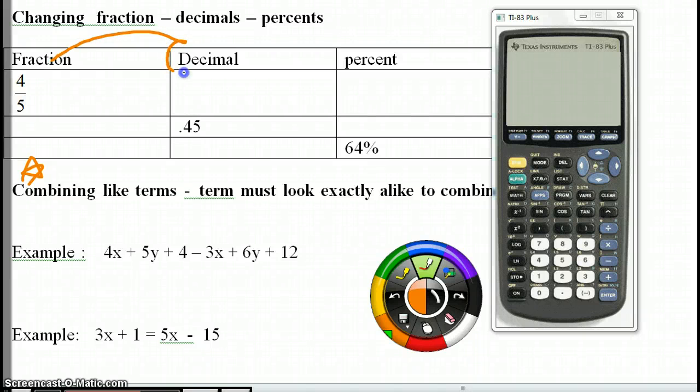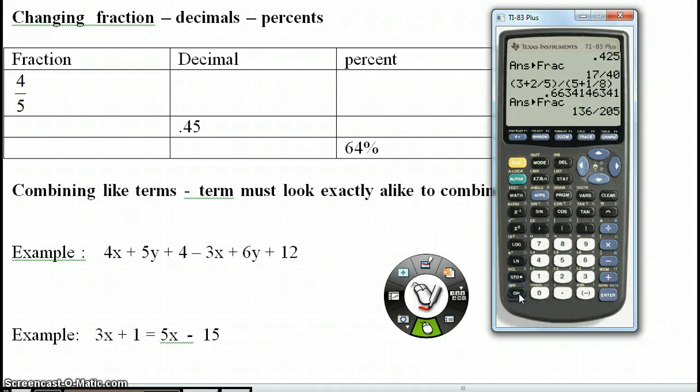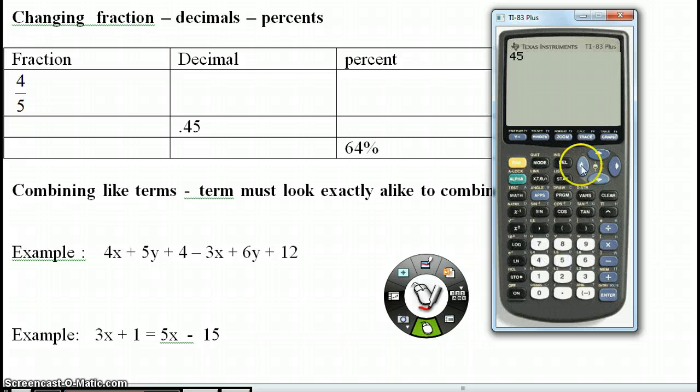Fraction to decimal, you just divide. So what am I going to divide? I'm going to divide 4 divided by 5. And when I do that on my calculator, I simply get 4 divided by 5. I'll get a decimal.